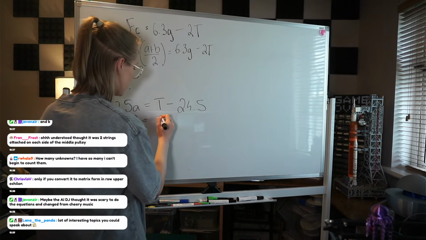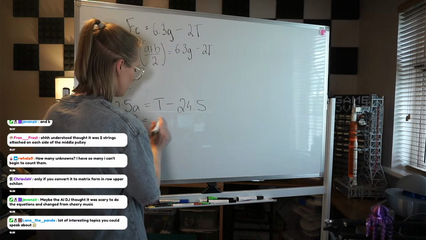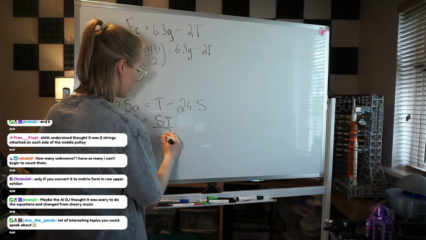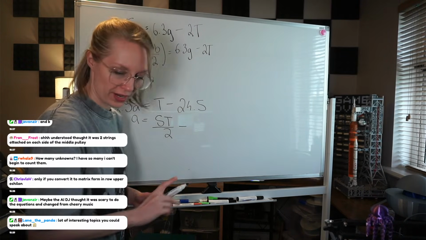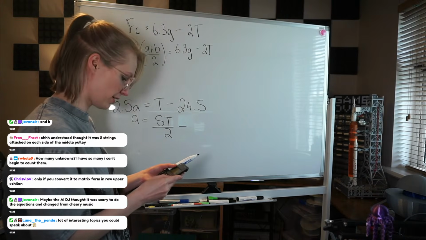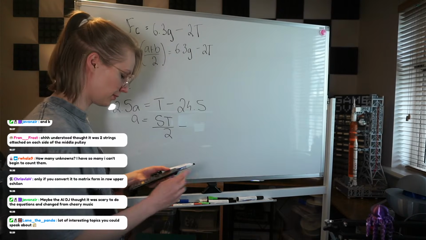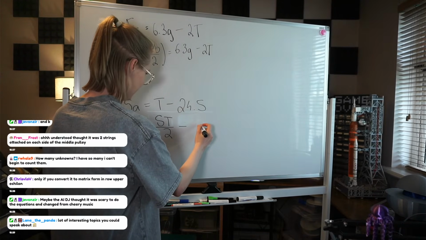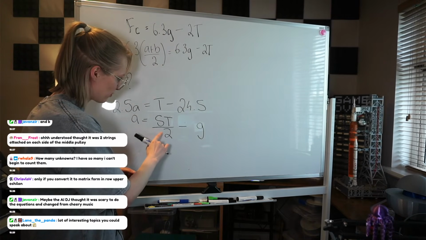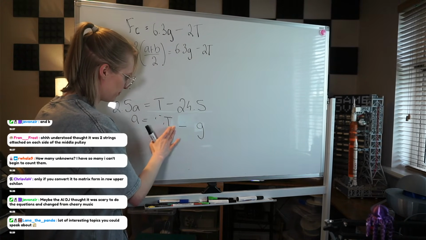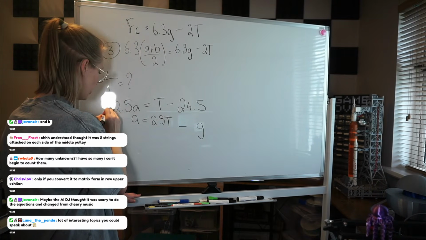A is equal to T over 2.5, which is 2.5T, minus 24.5 divided by 2.5. 24.5 divided by 2.5 is 9.8. Exactly g. Of course it is. I forgot about that. So A is equal to 2.5T, we'll say. We have a term for A.